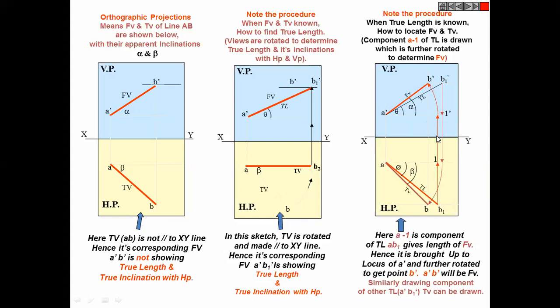And if this is brought down, it will give us the length of the top view. This A dash one dash and this A1 is the length of the front view. Clear? Any doubt? What is the procedure? Please ask me if you are having any doubt.